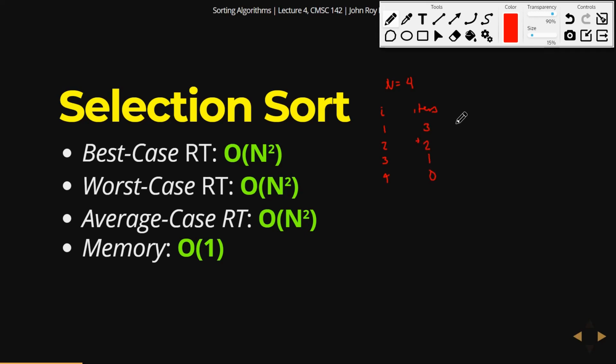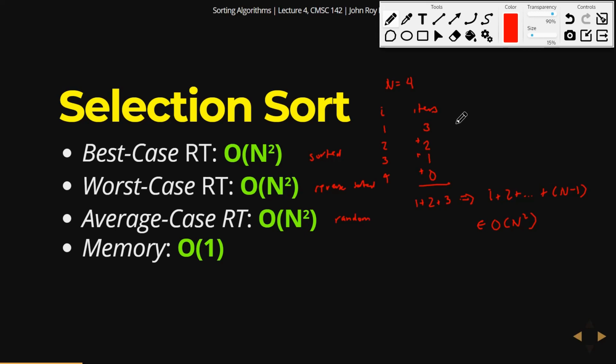And so if we added all of that, that would be 1 plus 2 plus 3, which is equal to, in general, 1 plus 2 plus dot dot dot n minus 1. Okay, and this is about n squared. And it's the same whether it's the best case, if it's already sorted, the worst case, if it's reverse sorted, and the average case, which is, let's say, random.